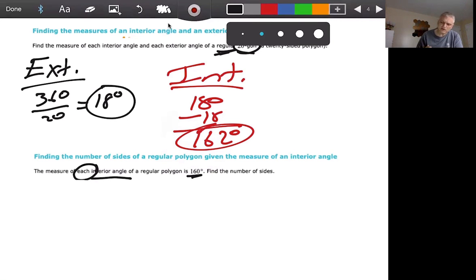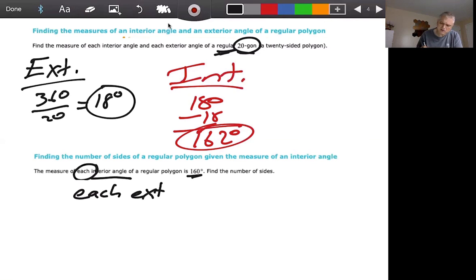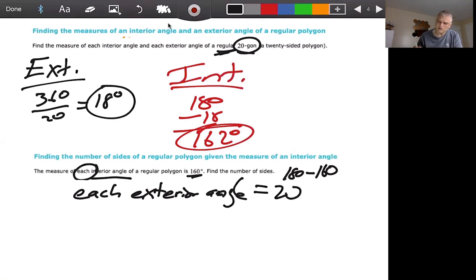If I know that one interior angle is 160, well, how big is each exterior angle? Well, it's going to be a linear pair with 160. So 180 minus 160 tells me that one exterior angle is going to be 20.